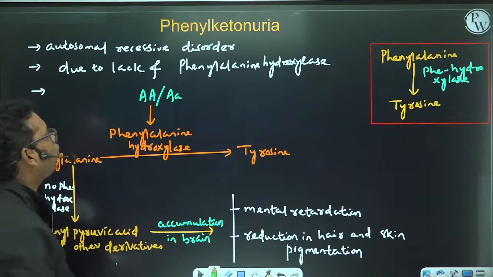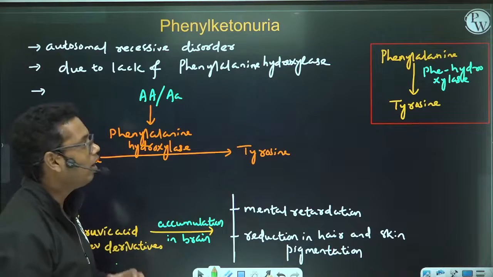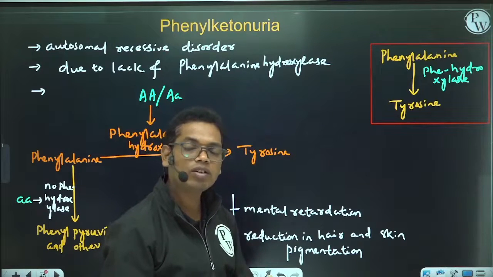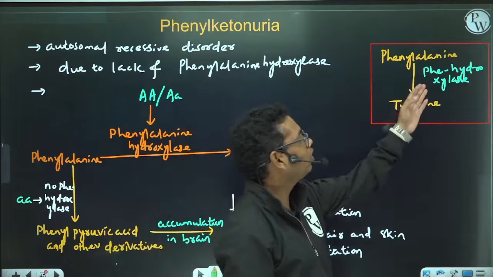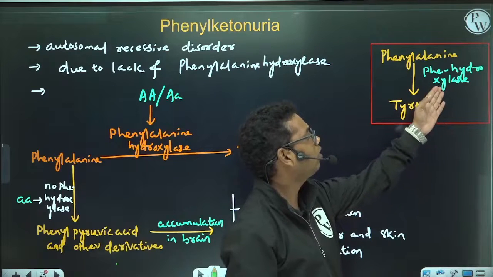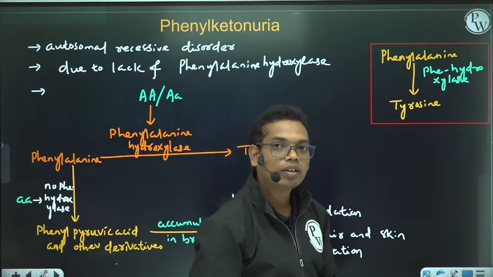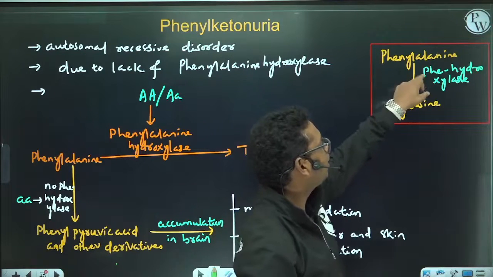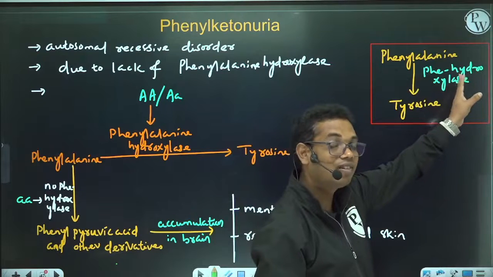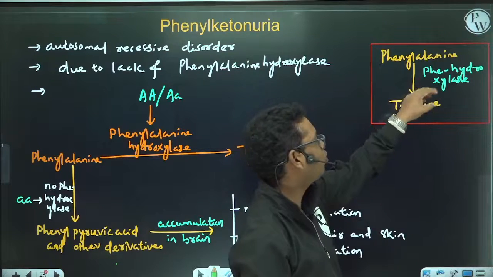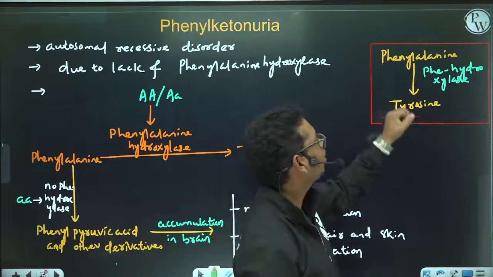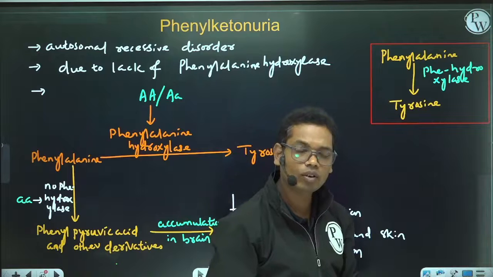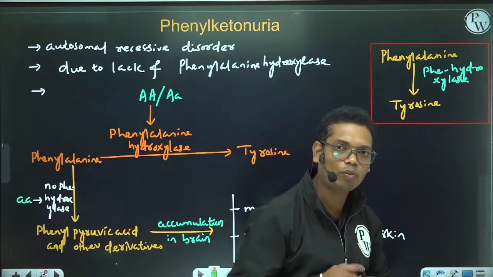In the normal case, when the individual has the normal gene encoding phenylalanine hydroxylase, if the gene is normal or dominant, this enzyme will be produced, and it converts the amino acid phenylalanine into tyrosine.